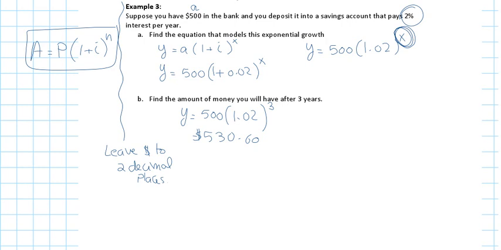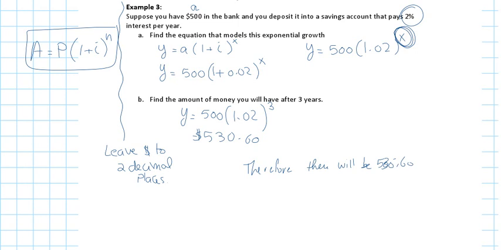Since this is a word problem, what do I have to leave my word problem with? A therefore statement. Therefore, the money you will have in 3 years, there will be $530.61 in the bank after 3 years.